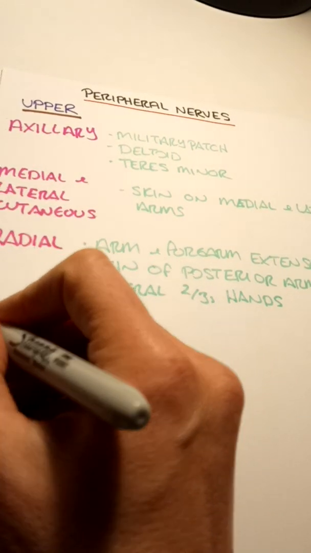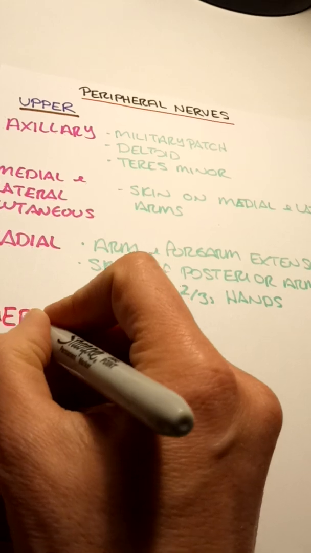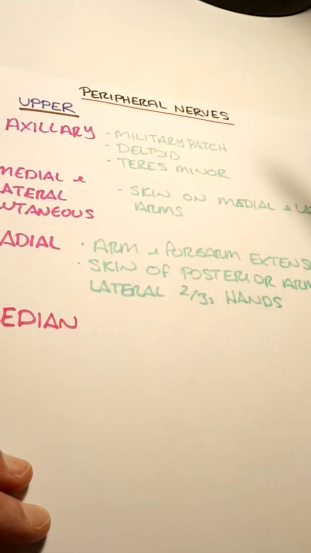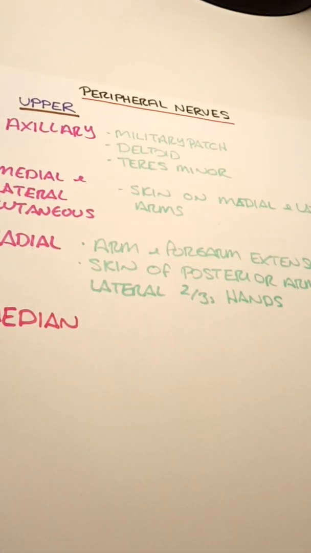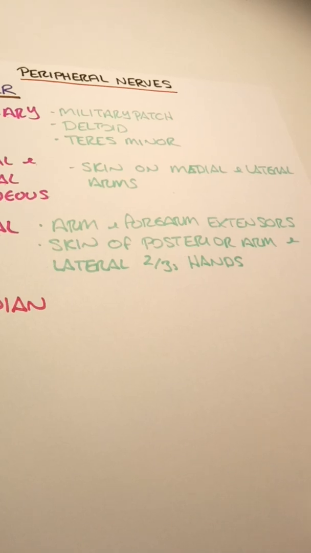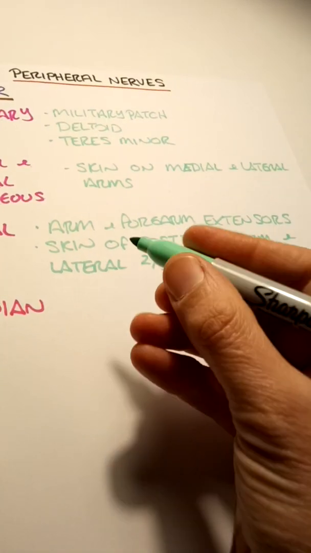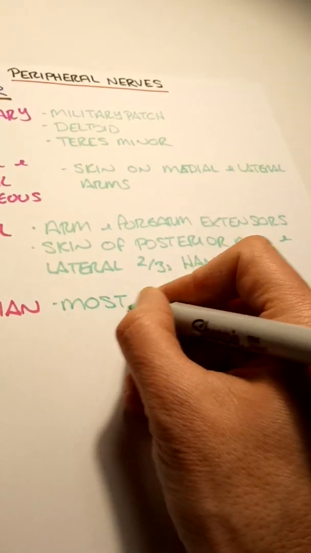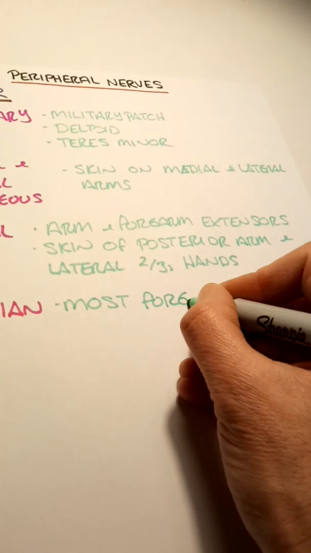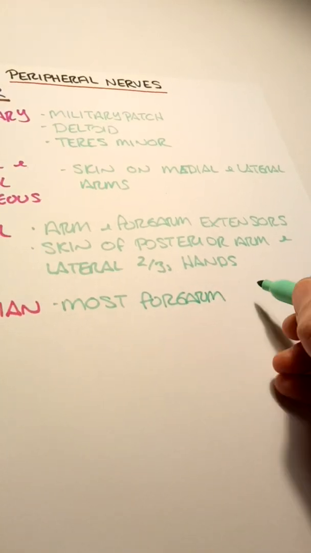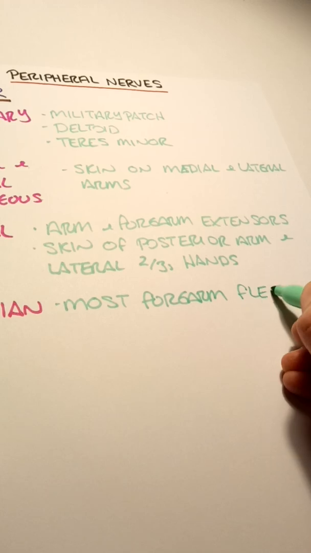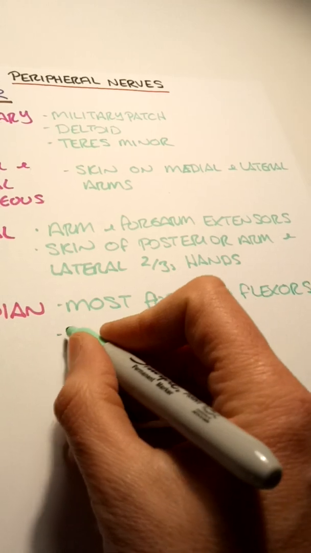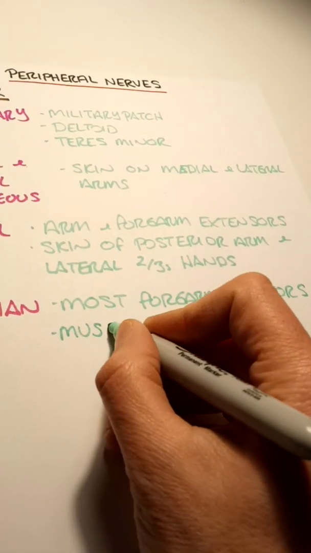Median nerve. Sorry, median nerve even. So, the median nerve. Bloody pens, my floor's clearly not straight. So, most flexors of the forearm. Most forearm flexors. Muscles of the lateral palm.